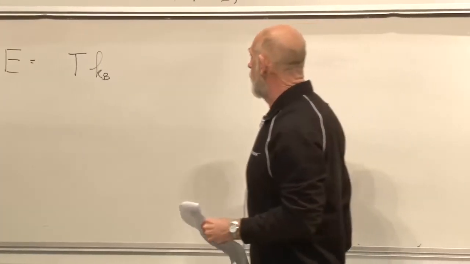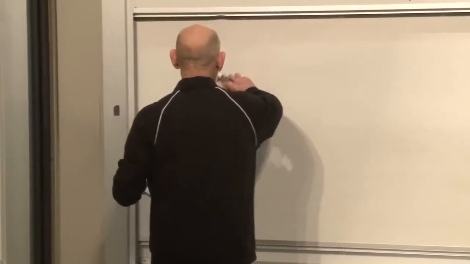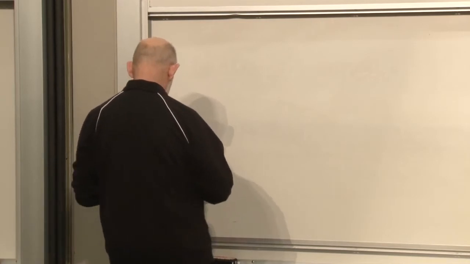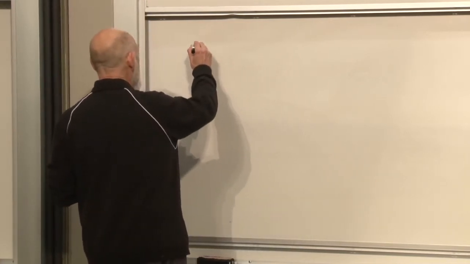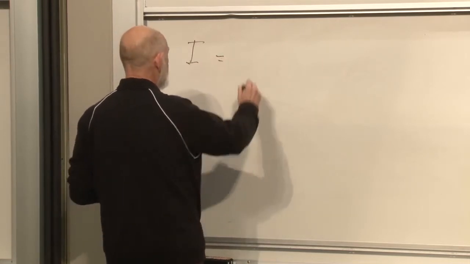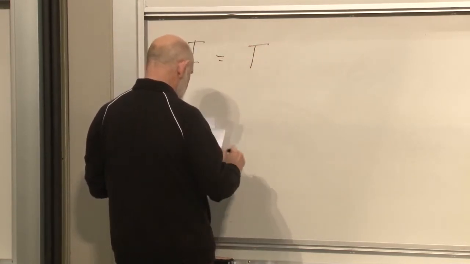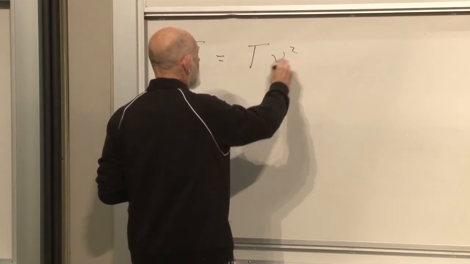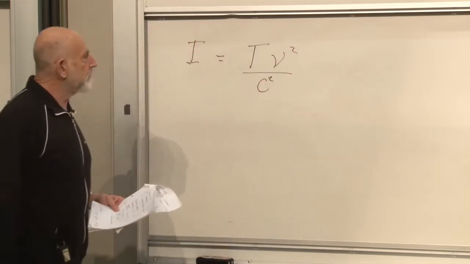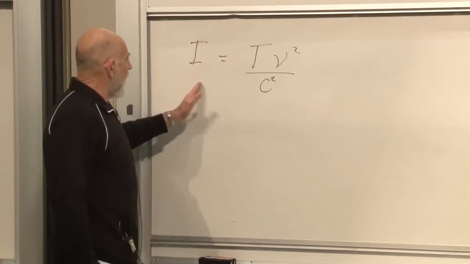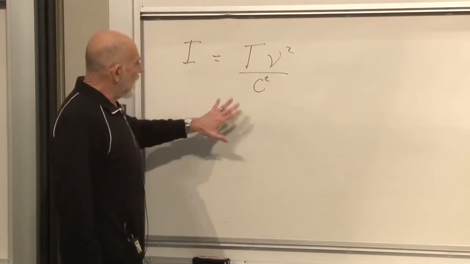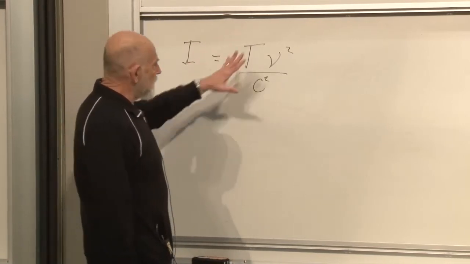I'll tell you what the general formula has to be. It's of the form I equals temperature times frequency squared over the speed of light squared. That's the only thing around that we have: the temperature, the frequency, and the speed of light. And this is the only formula which has the right units.